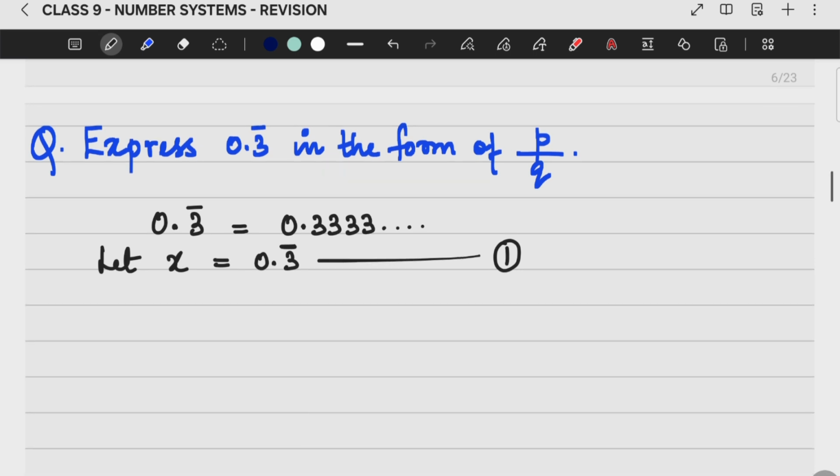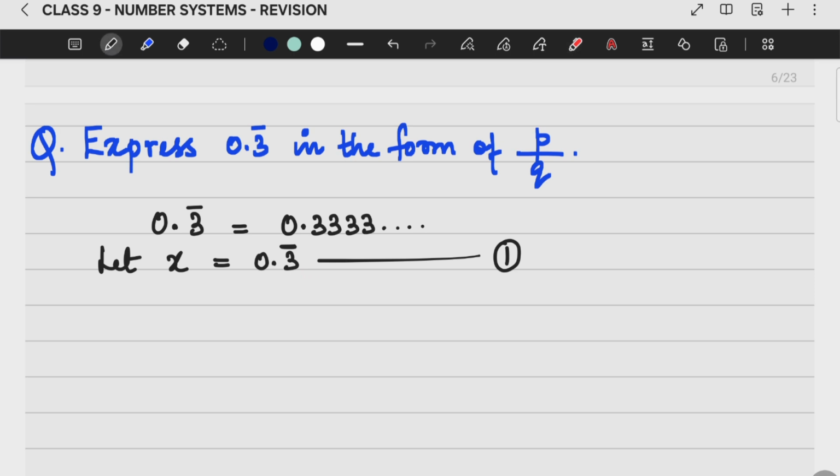If there is only one digit, then you will multiply both the sides by 10. If you have two digits under the bar, then you will multiply both the sides by 100. If you have three digits under the bar, then you will multiply both the sides by 1000.